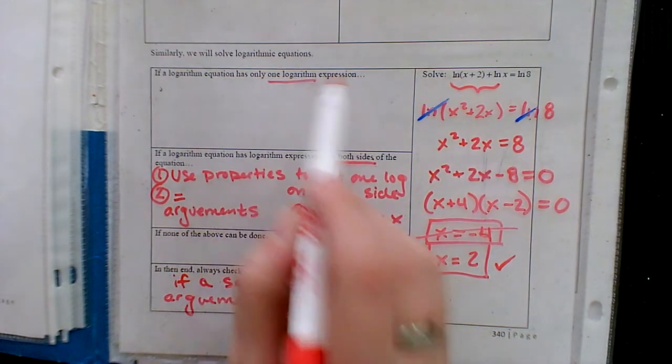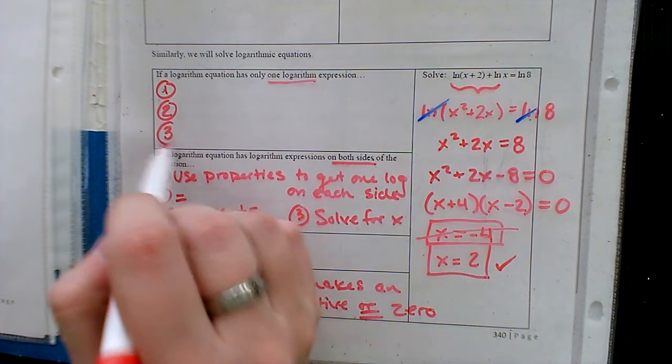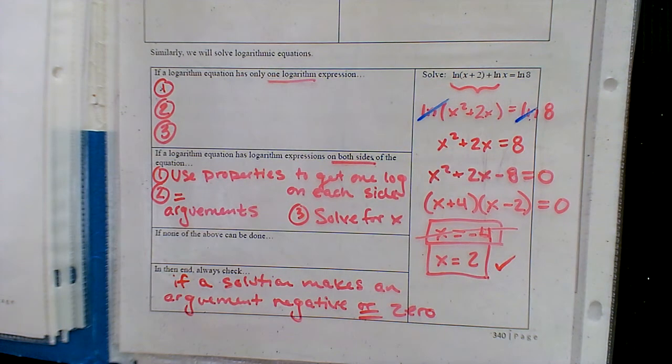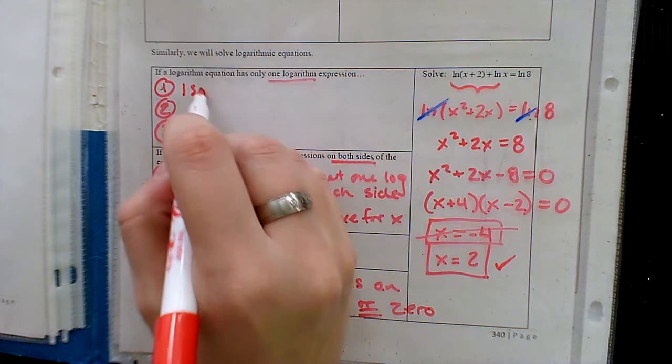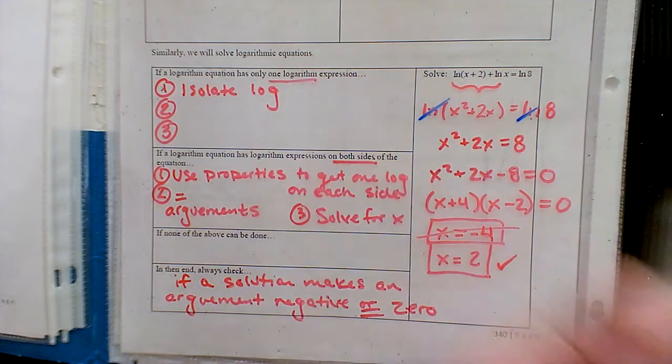So if we only have 1 log expression, for my procedural people, the steps are going to be pretty close to what we did yesterday. Remember yesterday we isolated the exponential part of the equation? Well, if we're working with logs today, we're going to isolate the log portion.